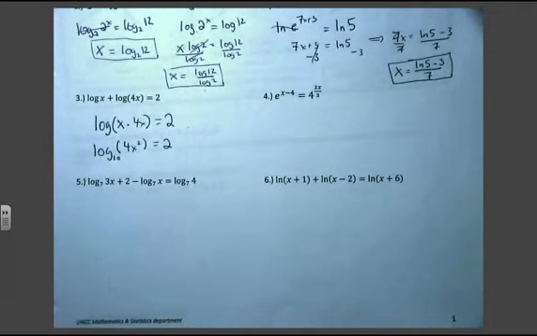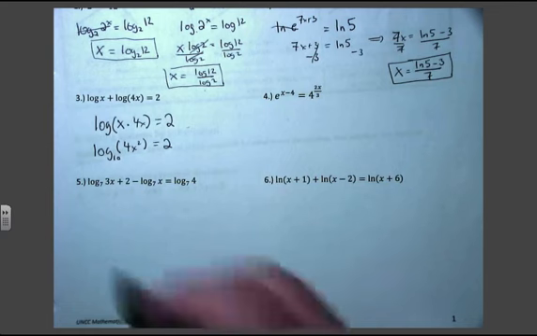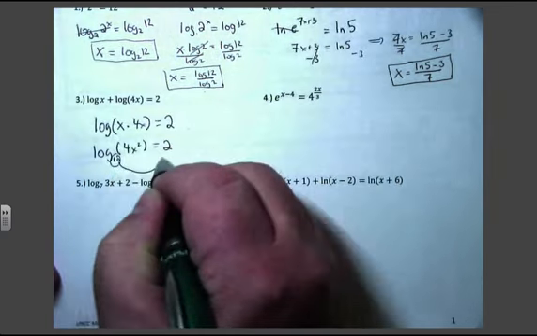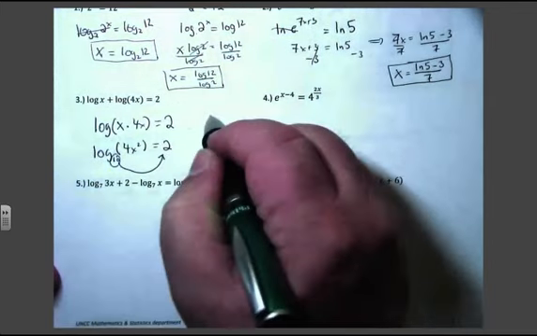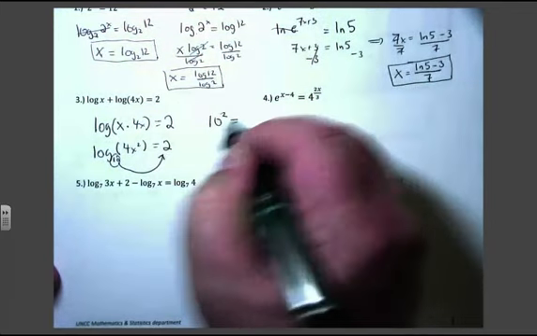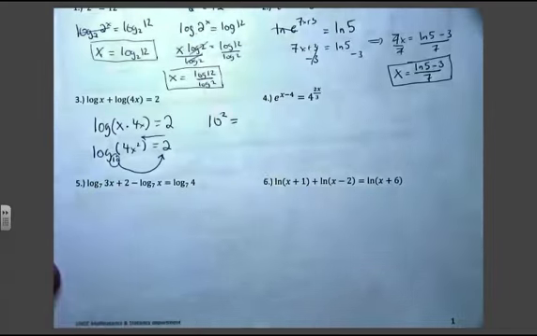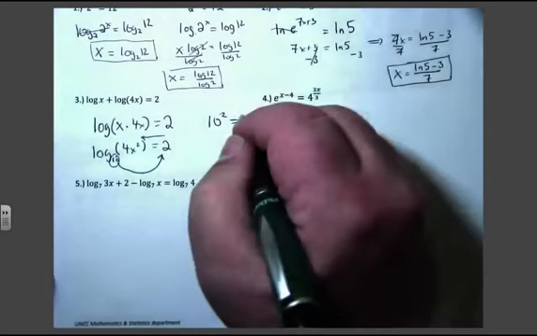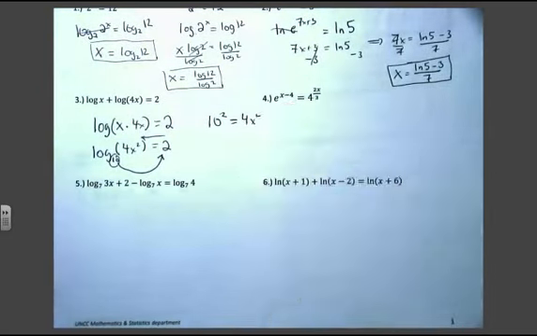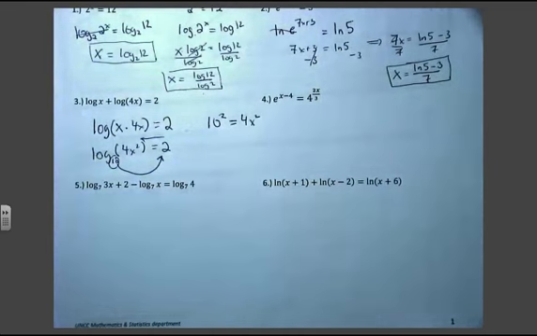So to rewrite this equation here, log base 10 of 4x squared equals 2, I'm going to start with my base, 10, raise it to the other side, 2, so this is 10 squared, equals what you're taking the log of. What are we taking the log of? 4x squared. All right, let's do some basic math here.